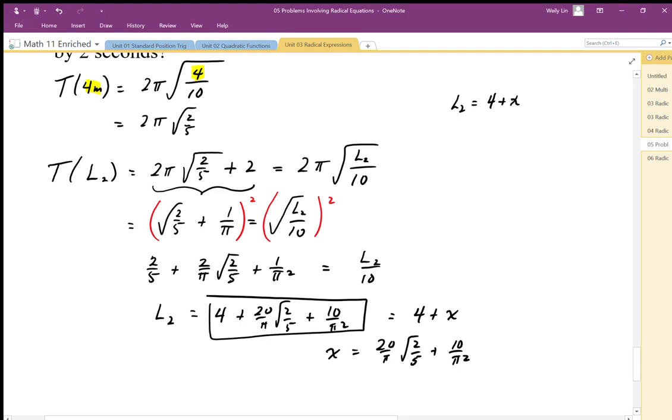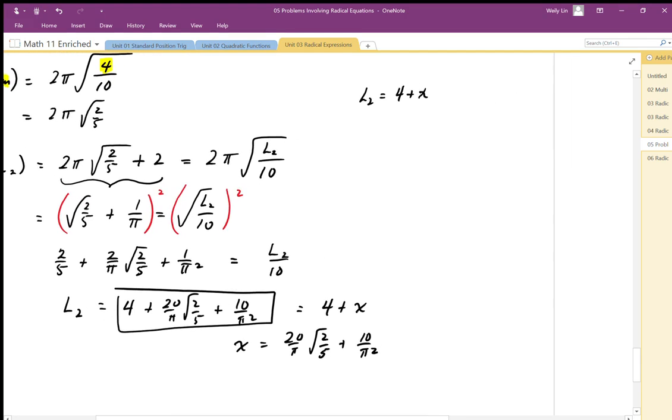Okay, now just off to the side here, I'm going to show you how I multiplied root 2 over 5 plus 1 over pi. When I squared that, I ended up with 2 over 5 here.